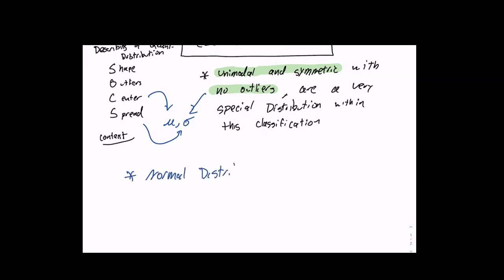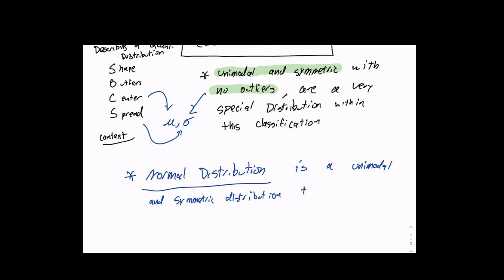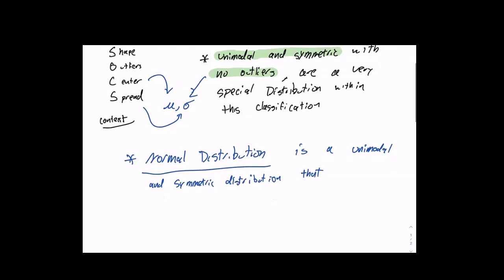A normal distribution is a unimodal and symmetric distribution that follows the 68, 95, 99.7 rule.